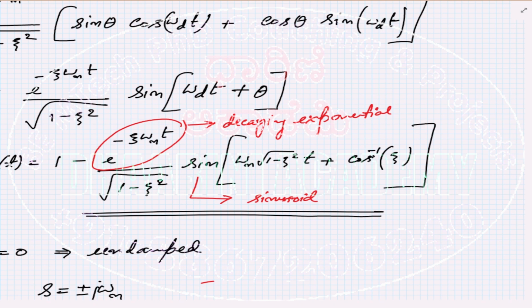The obvious answer which I can see is that e to the power minus zeta omega n into t. So make t infinity. Yes, definitely. When t is infinity, e to the power minus infinity is 0, so the whole term becomes equal to 0.